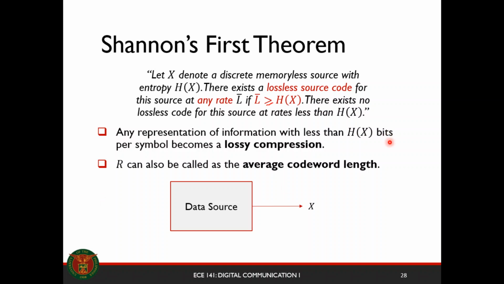If you use less than the entropy, then you won't be able to represent your information properly. Or you can still represent the information, but it will become lossy and it will undergo lossy compression.